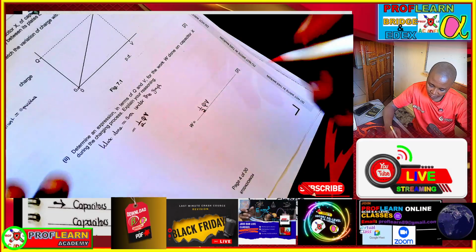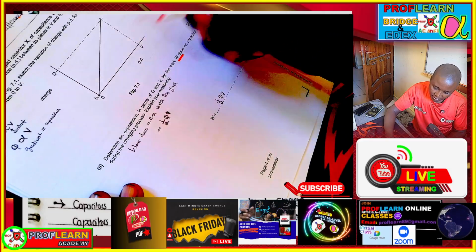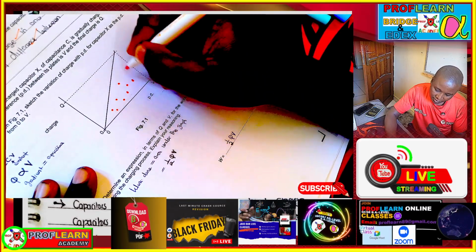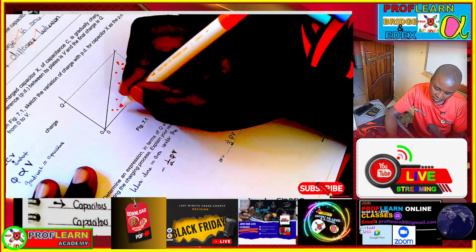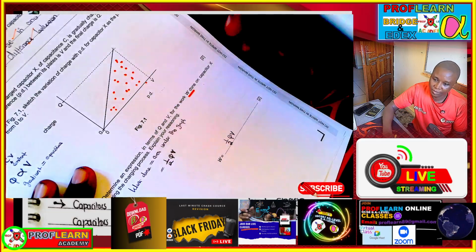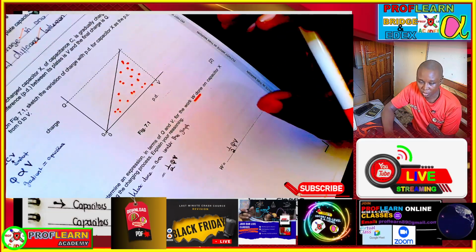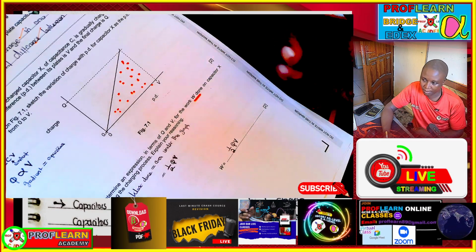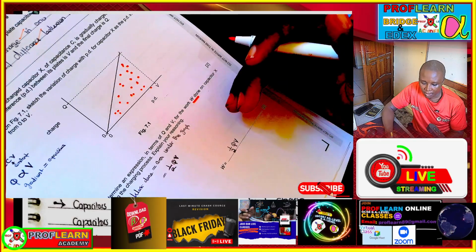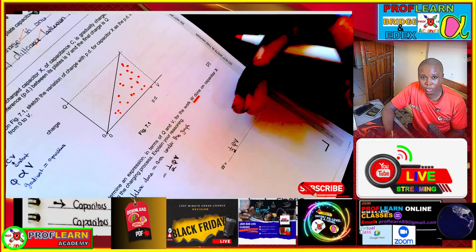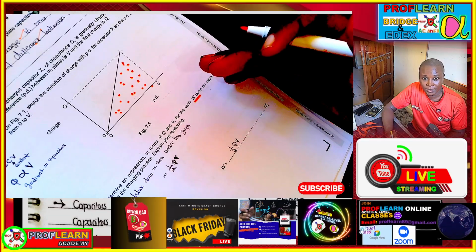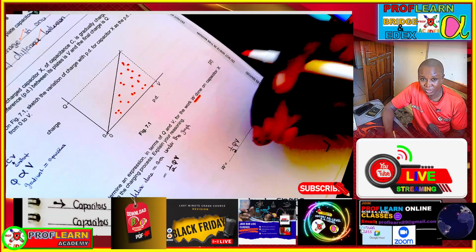So here we need to remember that work done is equivalent to the area under this particular graph. If you work out the area of this graph, it is going to give you the work done to charge this particular capacitor. Remember, for you to force the electrons to be on one side, some work has to be done.